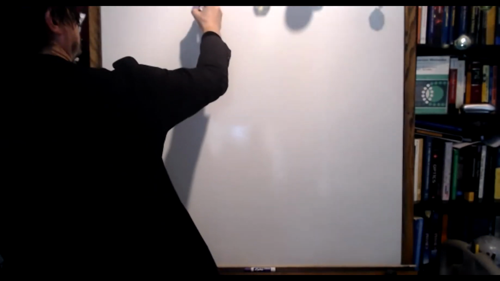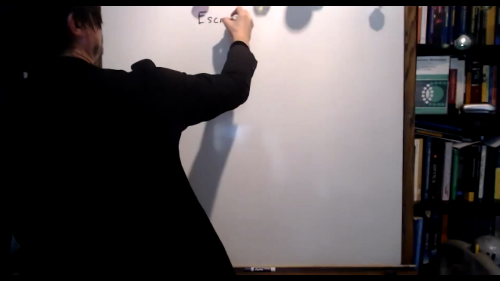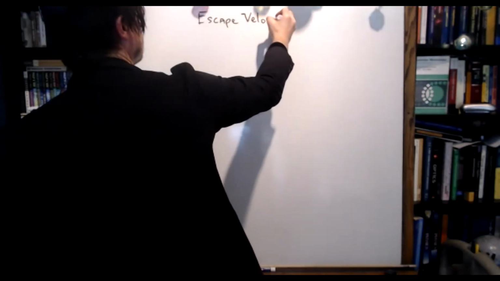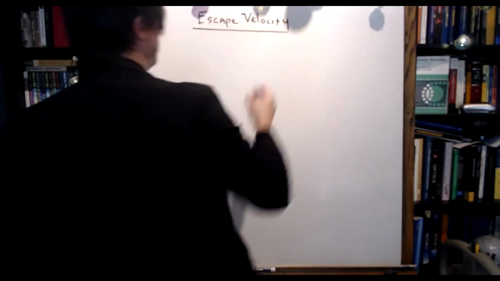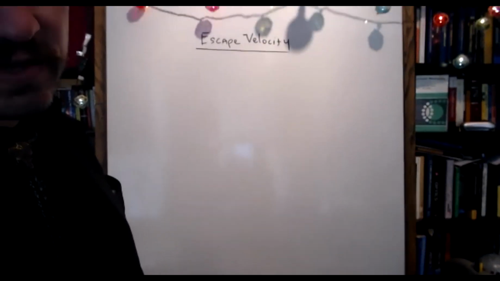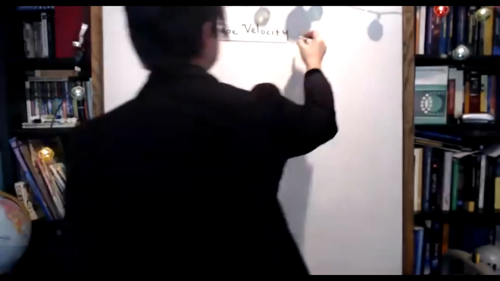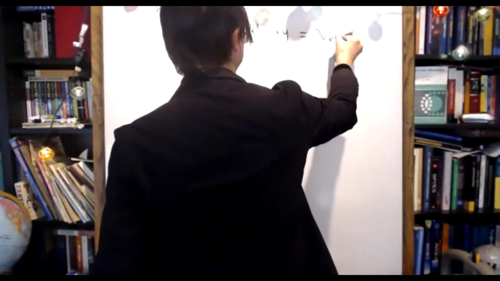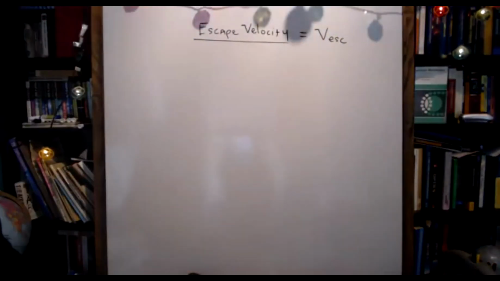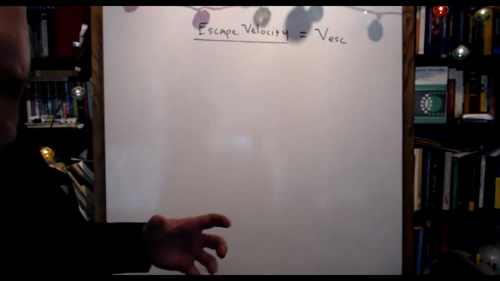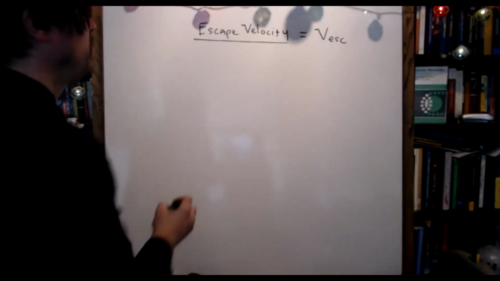Okay, so as I warned you guys today, you're going to learn a whole bunch of little different pieces of physics. One that we did a problem on that I need to kind of introduce formally to the class is the concept of escape velocity. And escape velocity gets the symbol in this class, V subscript escape. Escape velocity is another concept that came out of Newton's analysis of motion.